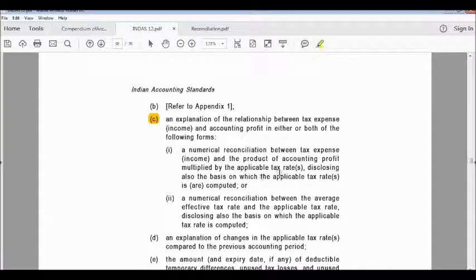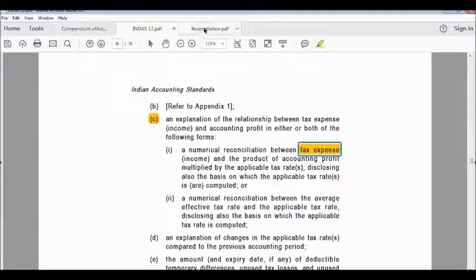So now you have to give the reconciliation between the tax expense and the product of accounting profit multiplied by the applicable tax rate. So whatever the figure is of accounting profit multiplied by the applicable tax rate, and then the difference of this amount with the tax expense, you have to give the reconciliation.